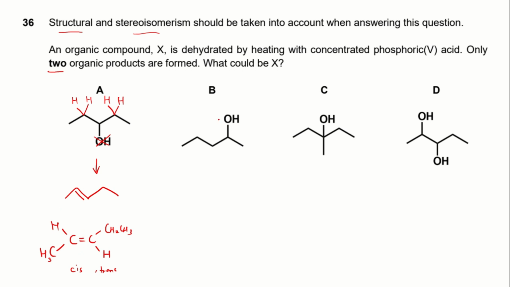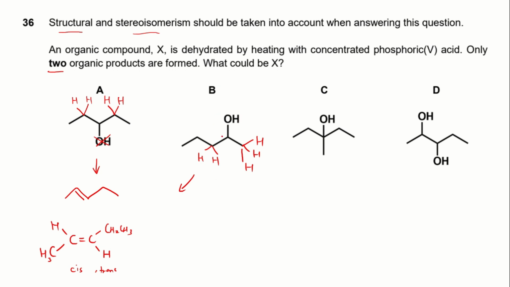Now we'll look at dehydration of molecule B. One hydroxy group. Both the neighbors have hydrogen atoms attached to them. Molecule B is not symmetrical, so that means more than one type of alkene will be produced.